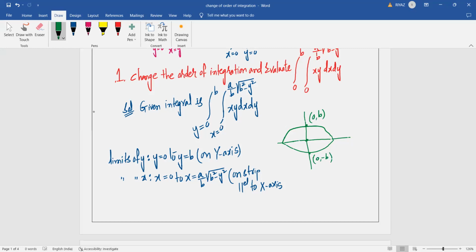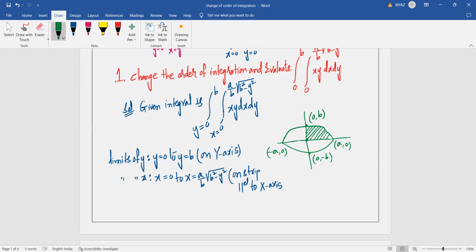This is of course a comma 0, and this is minus a comma 0. So limits of y we have taken on the y axis, and for the limits of x there is a strip here, and actually this is our region of integration.